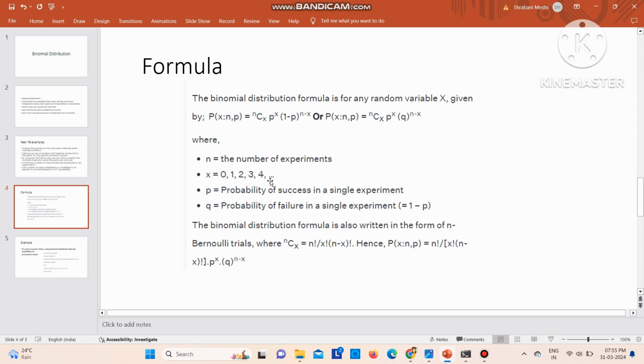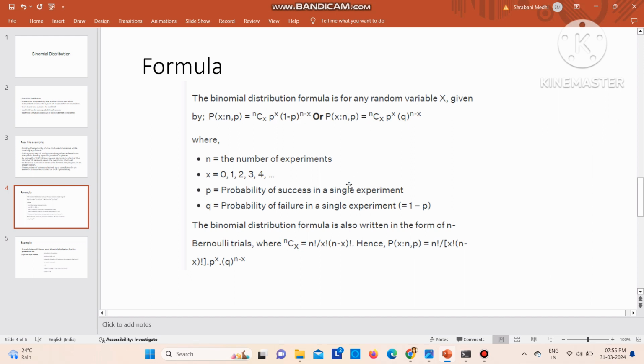Suppose you are tossing a coin and you want the head to occur 2 times, so the value of x will be 2. Then p is the probability of success in a single experiment, that is, the head will occur. Then q, so in place of 1 minus p we can write q.